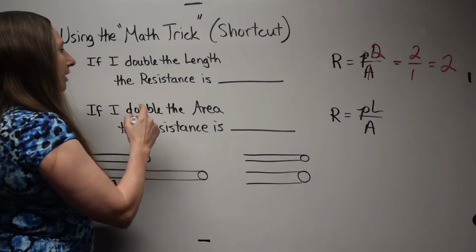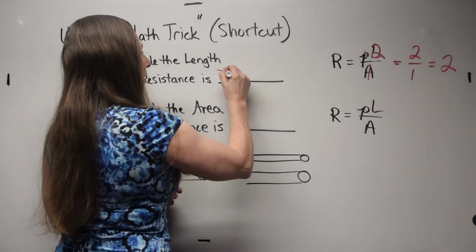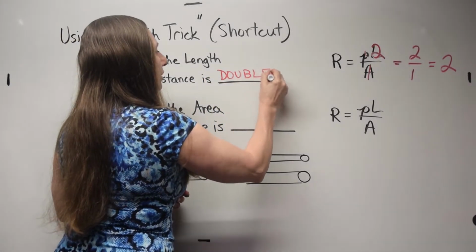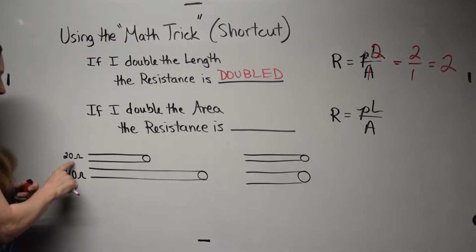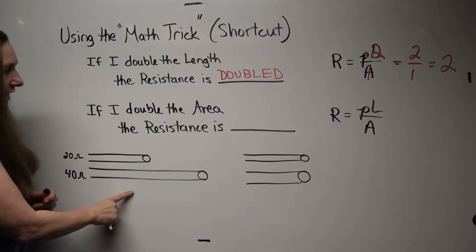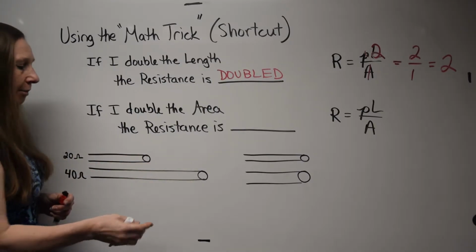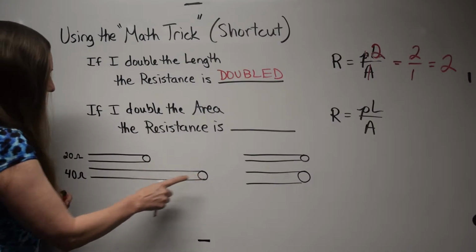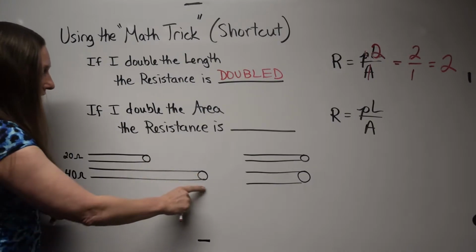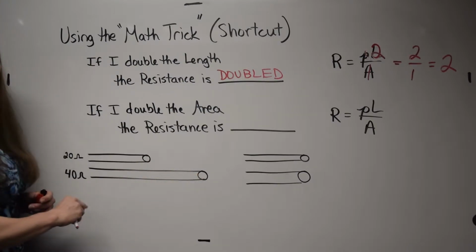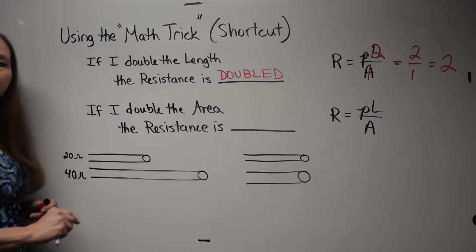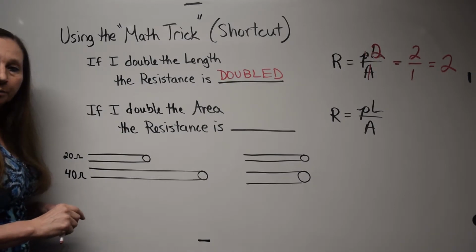So if I double the length, the resistance is doubled. If the resistance of the original piece of wire is 20 ohms, if I take a piece of wire where everything else is the same, it's still made out of copper, and the cross-sectional area is the same, the only thing that changed is that the length was doubled, the resistance will also be doubled. The new resistance will be 40 ohms.